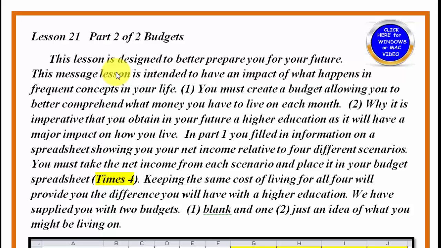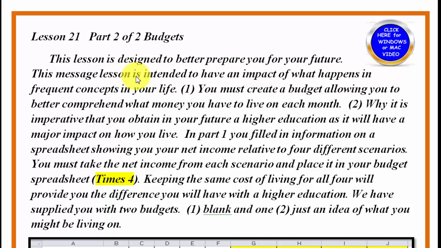Keeping the same cost of living for all 4 will provide you the difference you will have with a higher education. We have supplied you with 2 budgets, a blank one, number 1, and number 2, where we have provided you with an idea of what you might be living on.